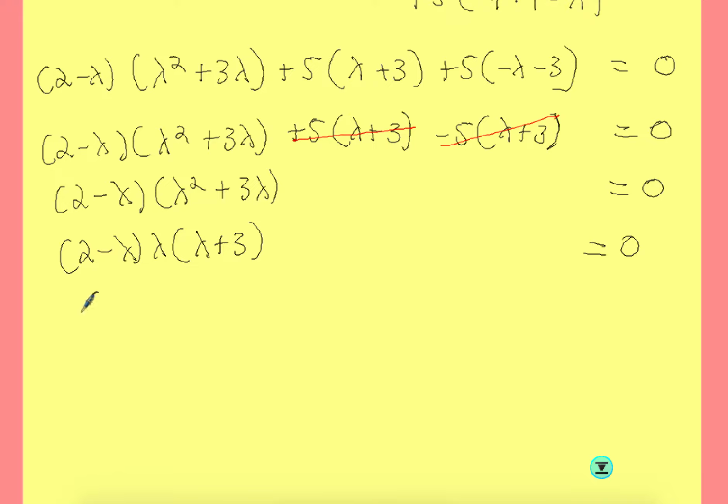So that means we've got our 3 eigenvalues. 2 take away lambda is equal to 0, so lambda equals 2. Lambda equals 0 for that middle bit, because that's just lambda on its own. And lambda plus 3 equals 0, which means that lambda equals negative 3. And I'm happy enough with that.